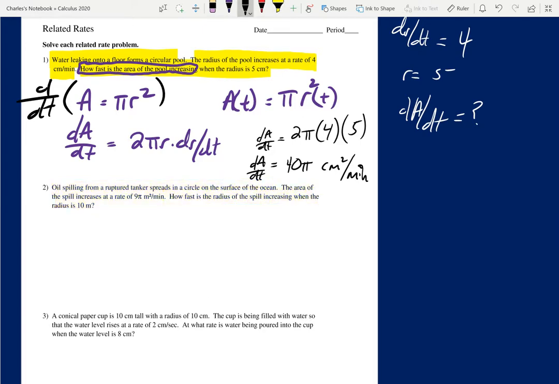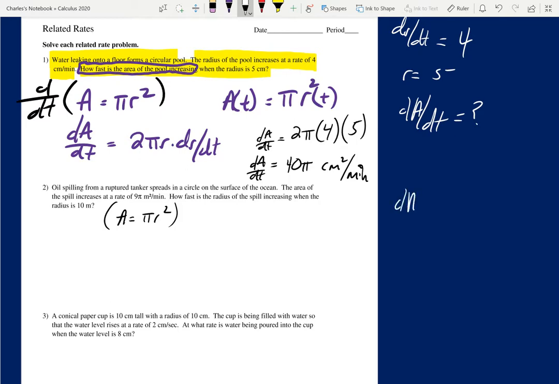Okay, so let's think of what we have here. We have another area of a circle question. Maybe it'll be helpful to list the knowns that we have here. The oil spill increases at a rate of 9 pi meters squared per minute.